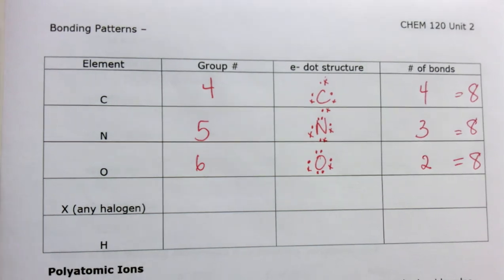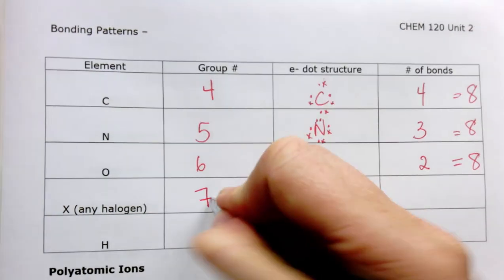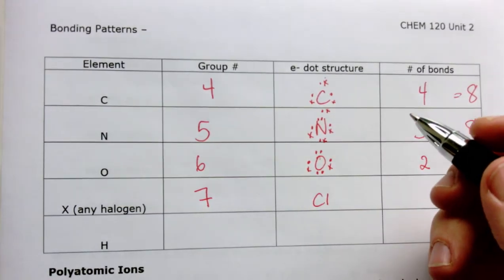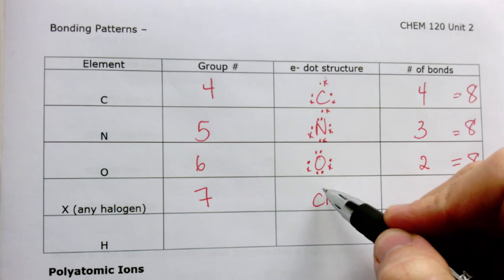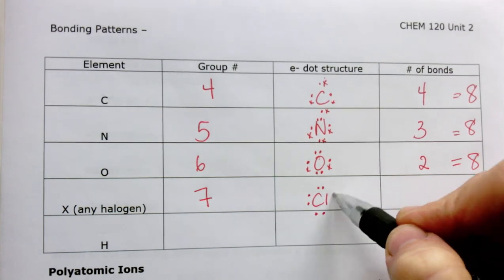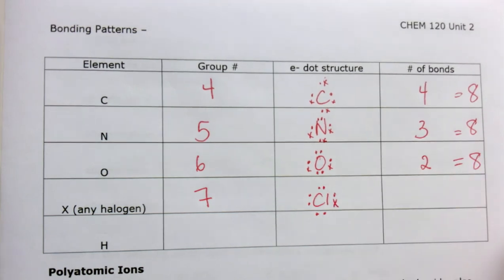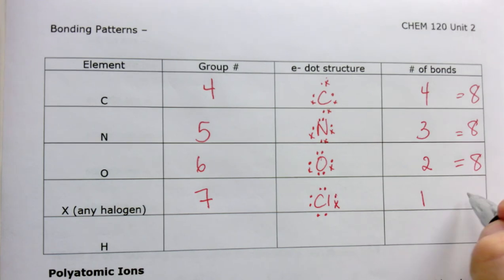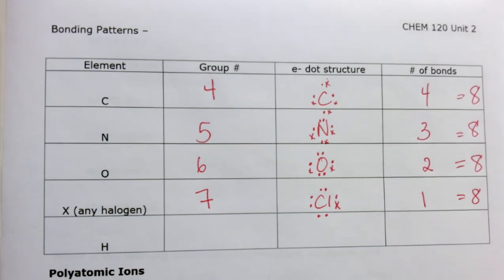All right, halogens. Remember, halogens are in group 7. So I'm just going to pick chlorine, for instance. And let's see, we'll get 1, 2, 3, 4, 5, 6, 7. We just have 1 spot for bonding. So 1 bond. 7 plus 1 will give you 8.